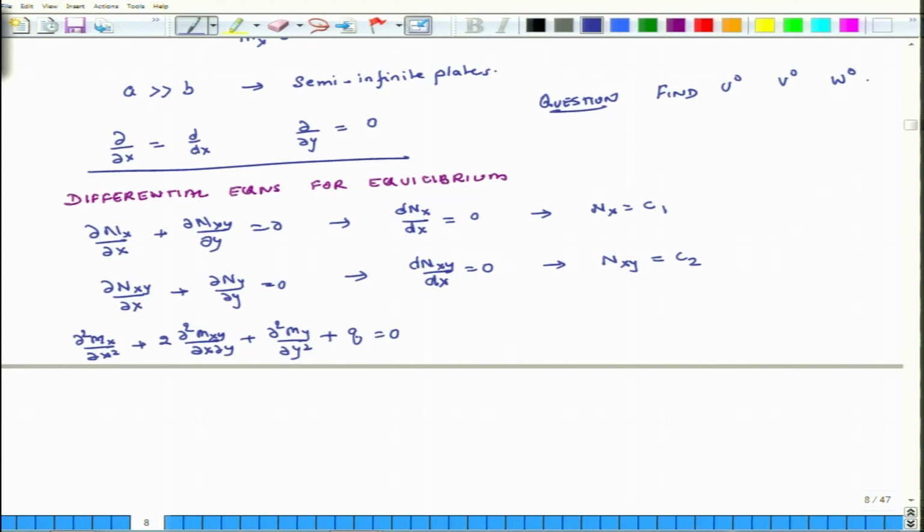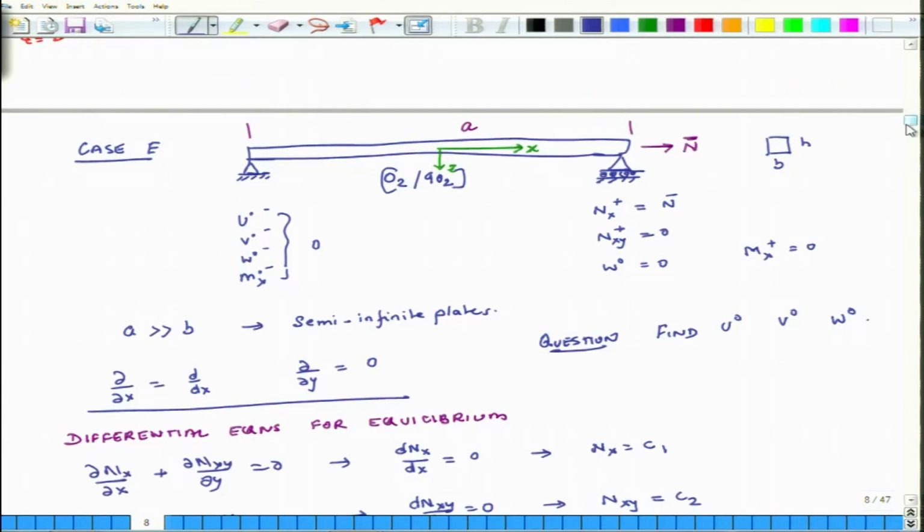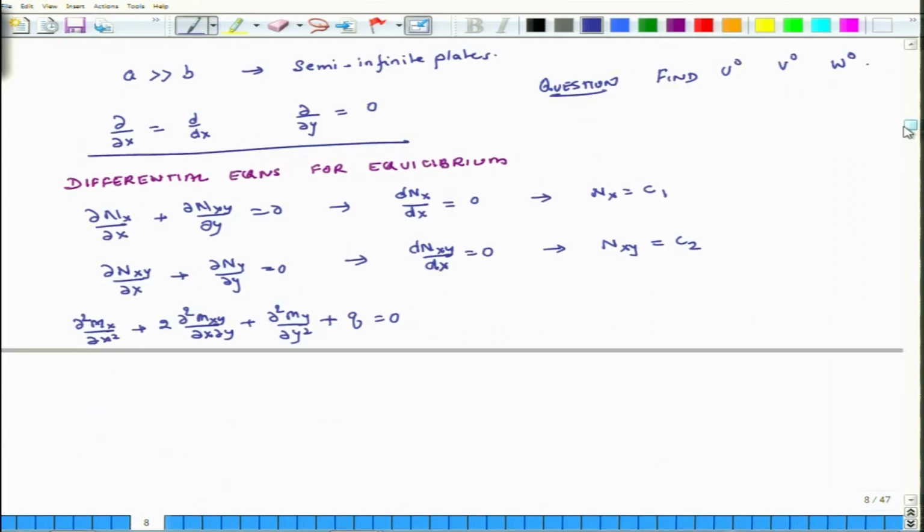In this case q is 0 because the plate is not having any external transverse load, and also these partial derivatives with respect to y are 0. So, this equation simplifies to d2 Mx over dx square is equal to 0. So, what that tells me is that Mx is equal to C3 x plus C4.